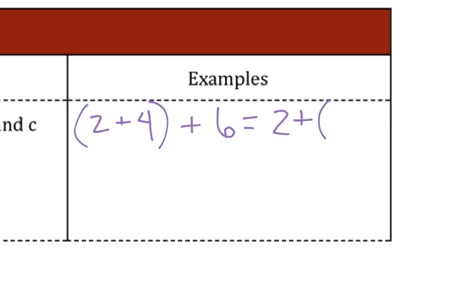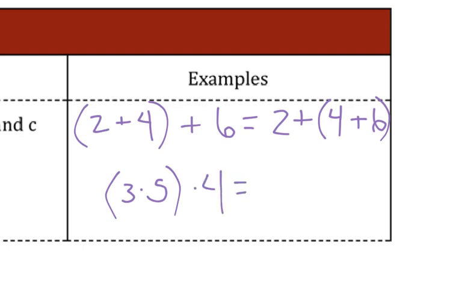I can add up 4 and 6 over here in parentheses, and I'll get the same result. So it doesn't matter how we put those parentheses. Also, if I had 3 times 5 in parentheses, then times 4, that would be the same as 3 times 5 times 4.